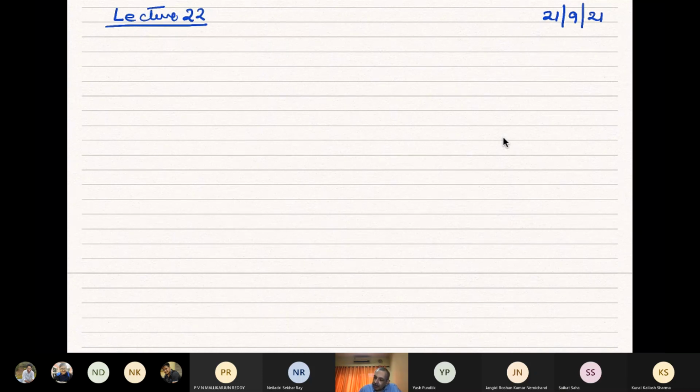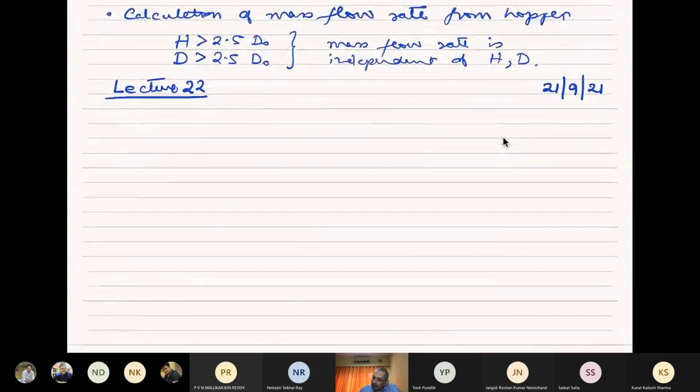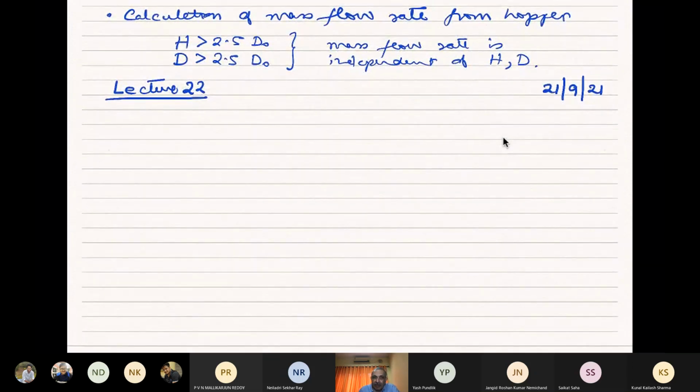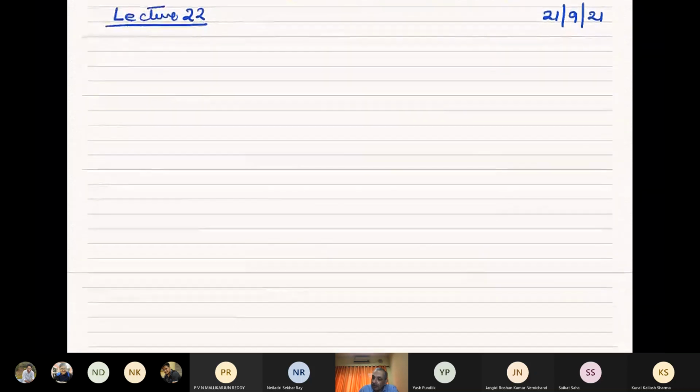So we want to essentially take off from what we said last time, that there is no dependence of any of the geometrical parameters on the mass flow rate out of the hopper. So we can do some amount of dimensional analysis.